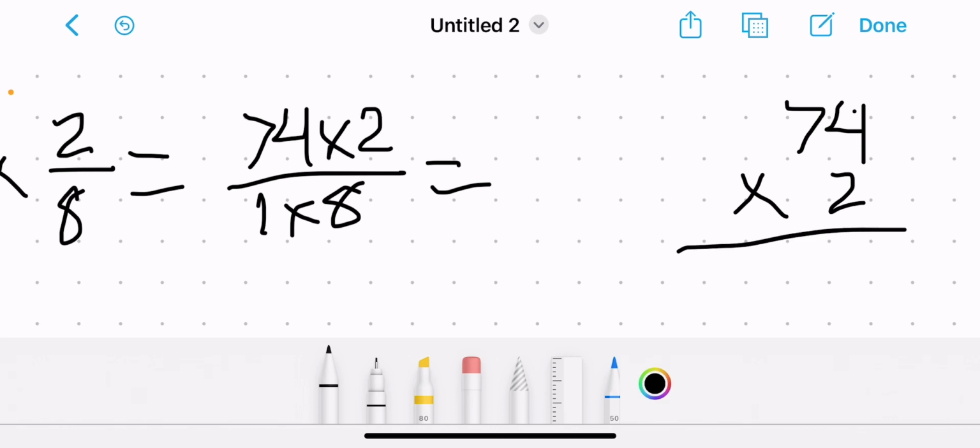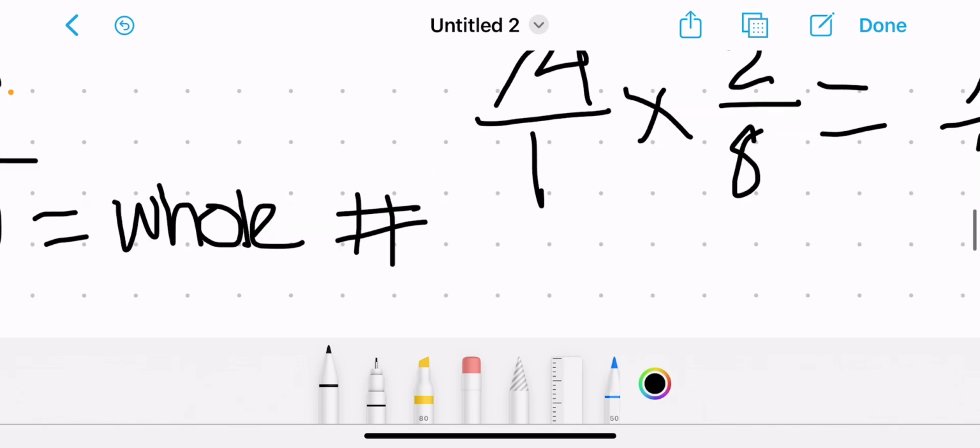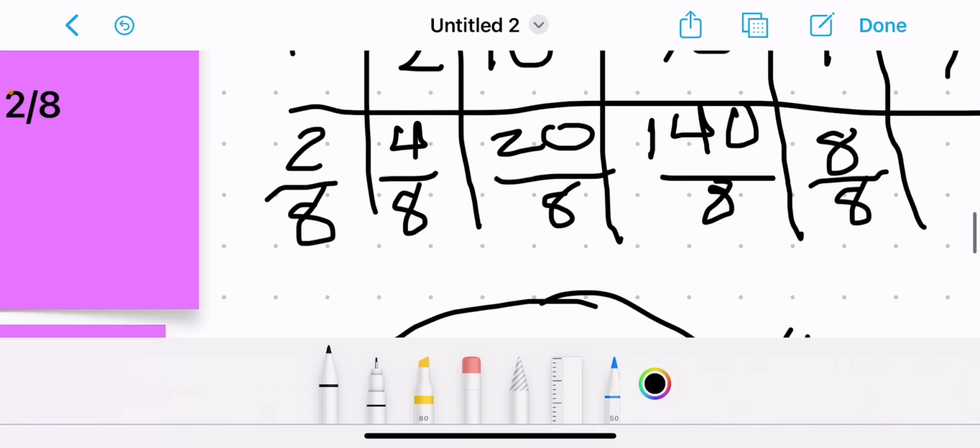So I have 4 times 2 is 8. 7 times 2 is 14. So I know that my answer is going to be 148 over 1 times 8, which equals 8. So those are two ways that you could show your thinking for this problem.